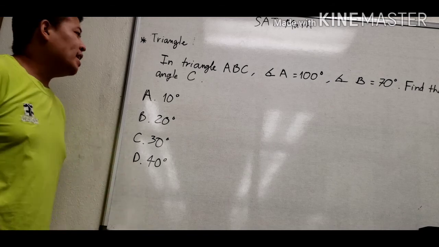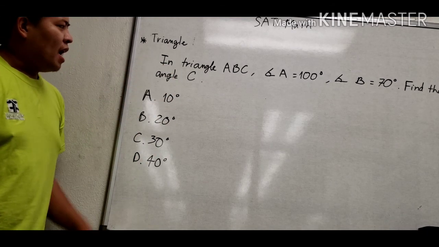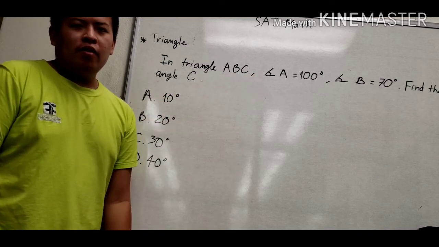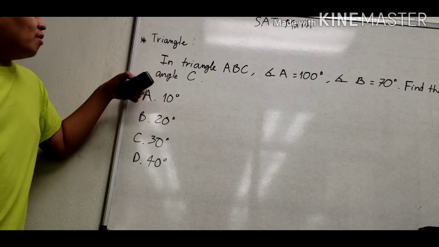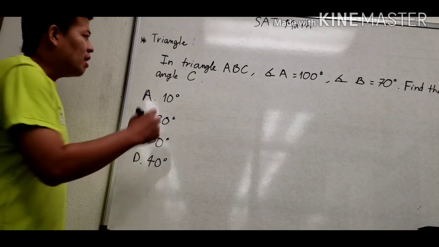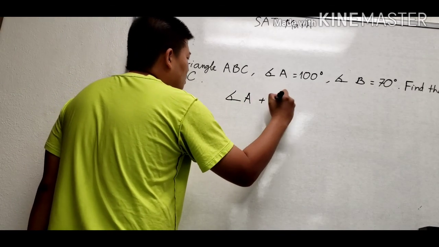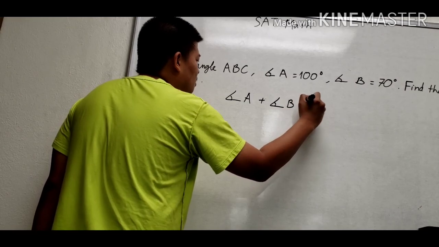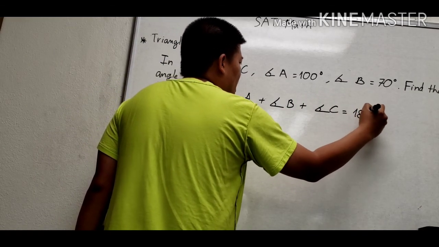On the real SAT math, in a triangle ABC, angle A is 100 degrees, angle B is 70 degrees. Find the angle C. We have choices A, B, C, D. You know that the sum of the three angles will become 180 degrees.